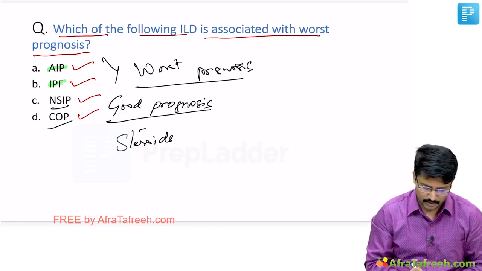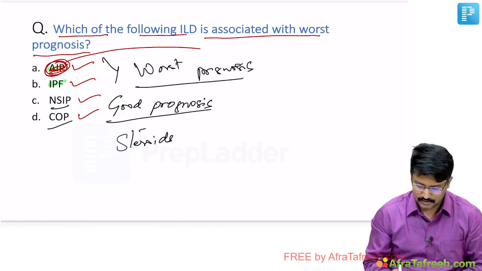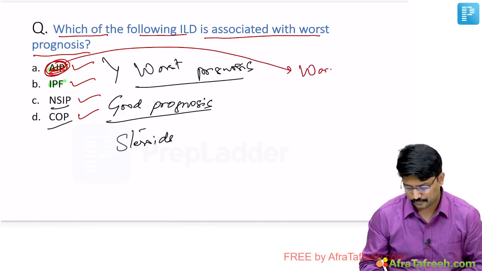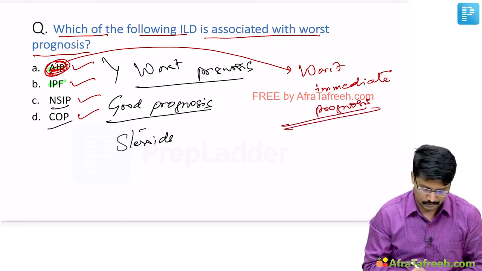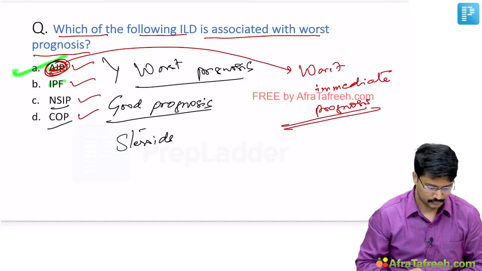Among them, AIP has the worst immediate prognosis. And hence this should be your answer of choice.